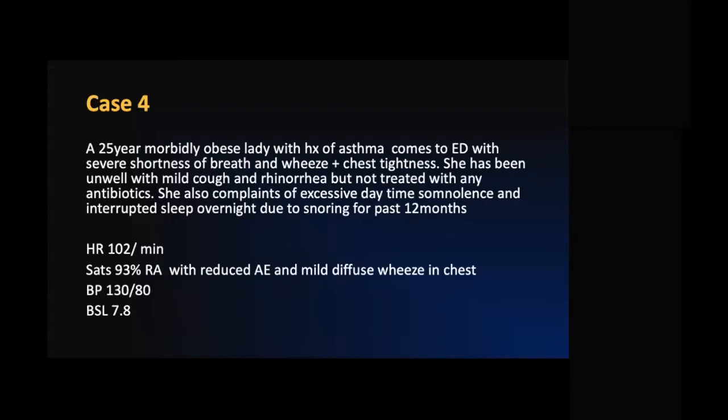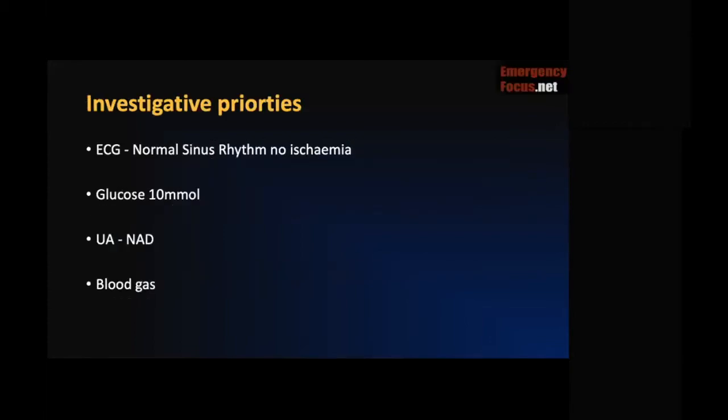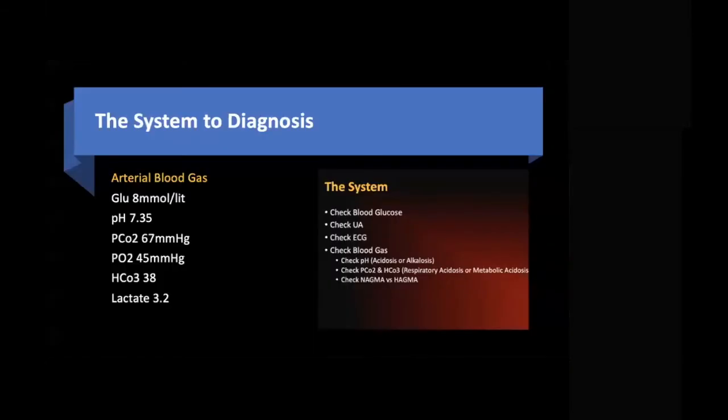What is that condition called? Obstructive sleep apnea. Very good. She's obese, she's got daytime somnolence, she's hypoxic, she's got type 2 respiratory failure, she's got obstructive sleep apnea. So she needs what? CPAP. She needs CPAP or BiPAP.